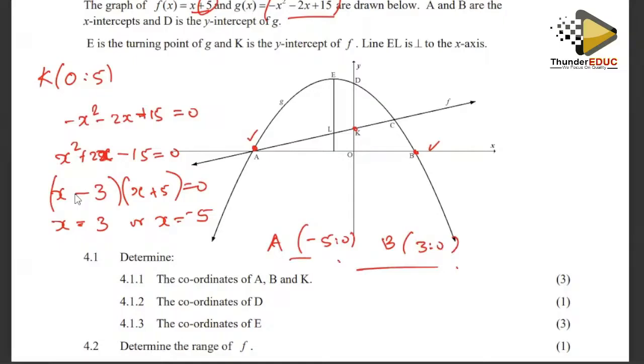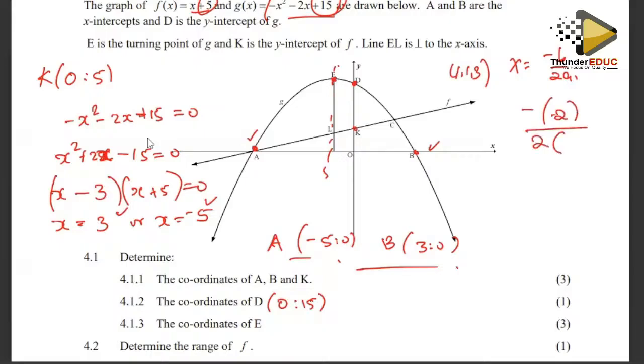Then they want us to get D, which is the y-intercept. The y-intercept is straightforward, it's the constant. So 0 and 15. Then they want the coordinates of E. We know that E is the turning point on the axis of symmetry. For the axis of symmetry, we can use negative b over 2a. The b is negative 2 over 2, the a is negative 1.